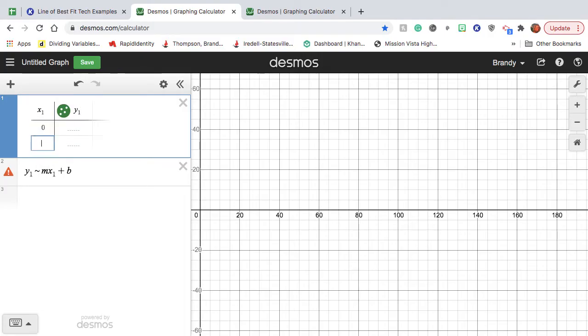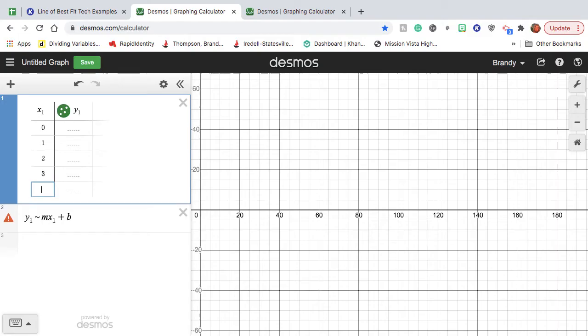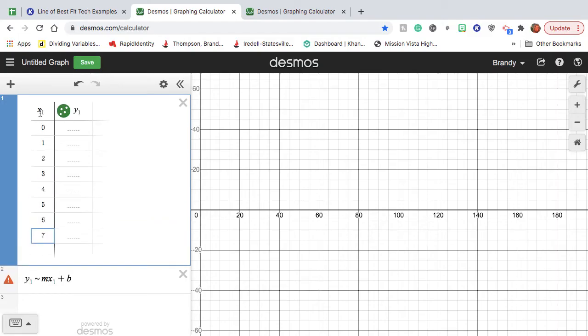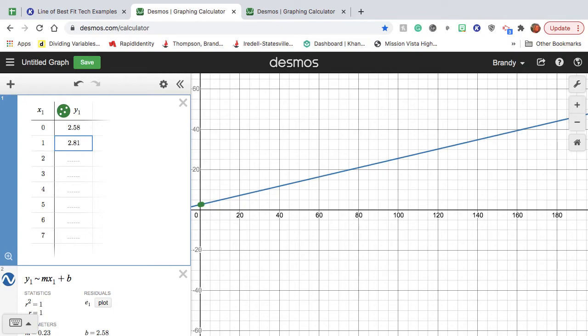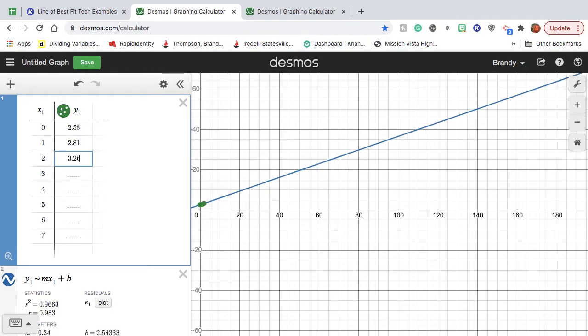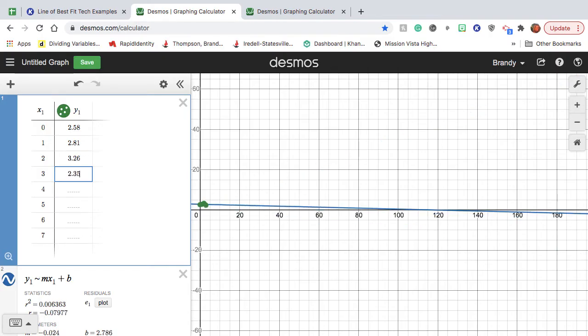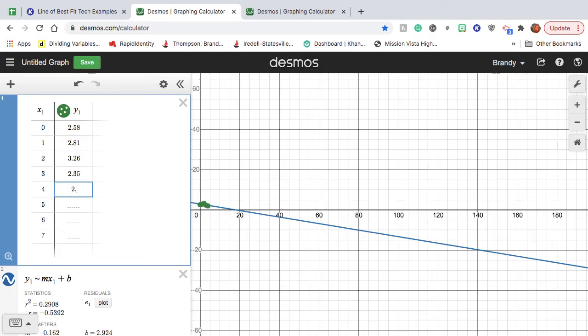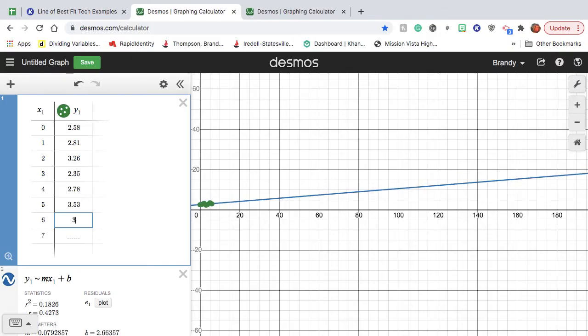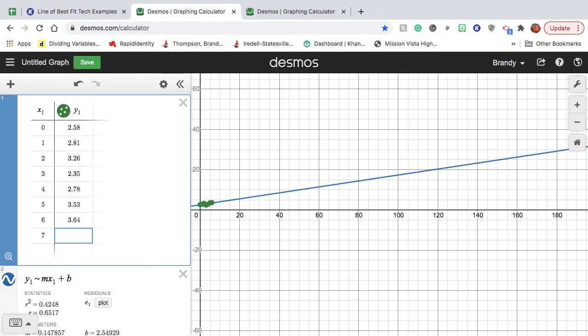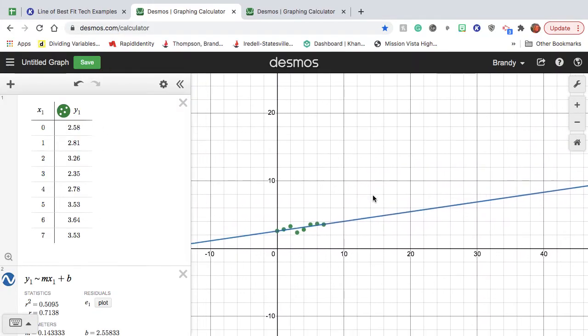So we're doing 0, 1, 2, 3, 4, 5, 6, 7, and put in our gallons. 2.58, 2.81, 3.26, 2.35, 2.78, 3.53, 3.64, and 3.53. Now we see how clustered our little dots are here.